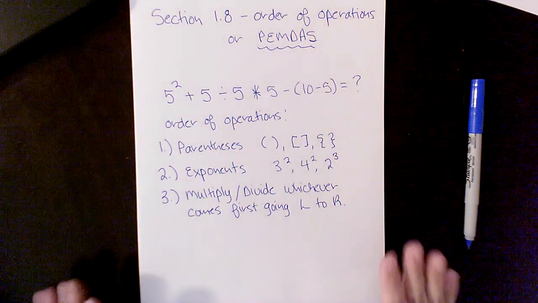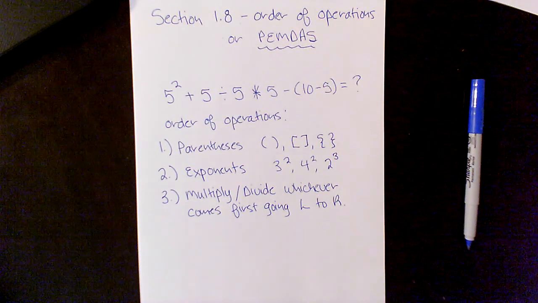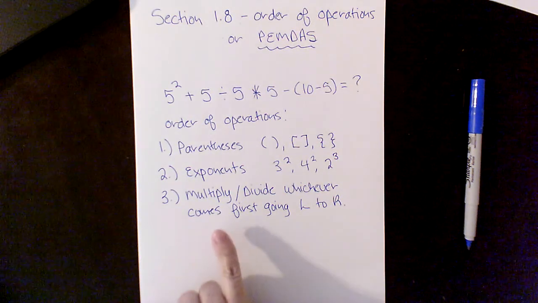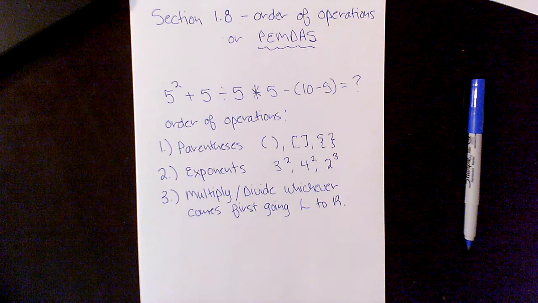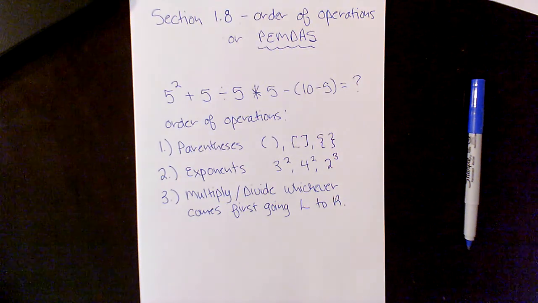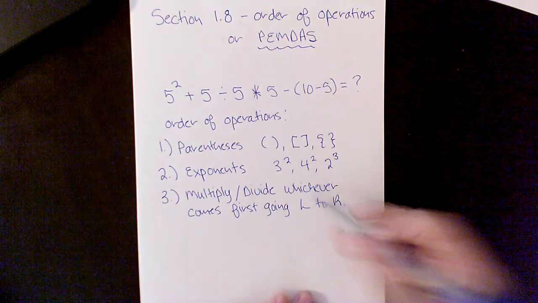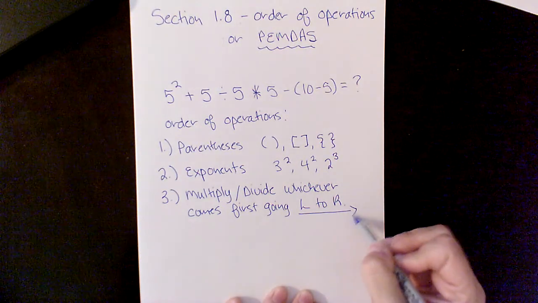So a lot of people just always do the multiply first and then the divide, but you need to look at the problem and see what operation comes first as you're going left to right, so as you're going this way.